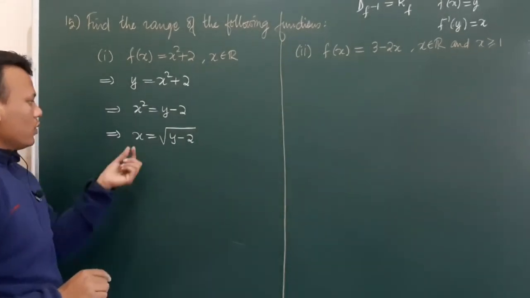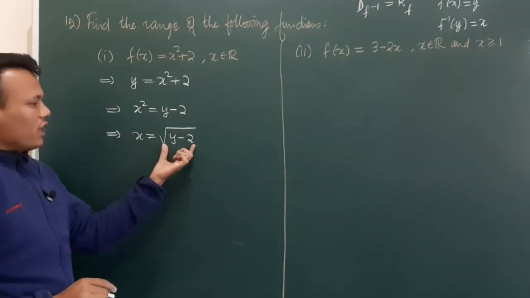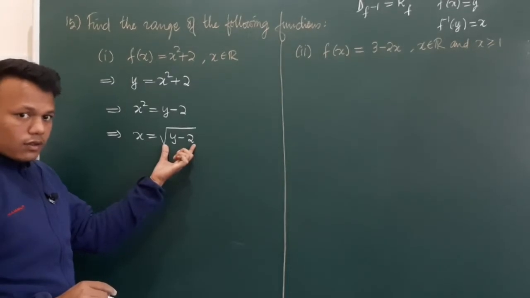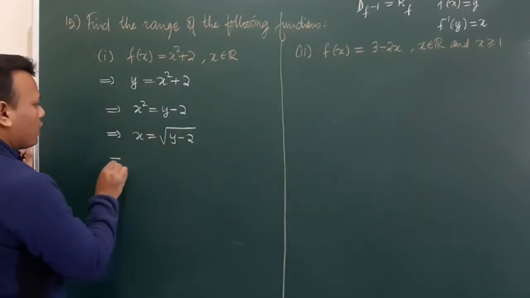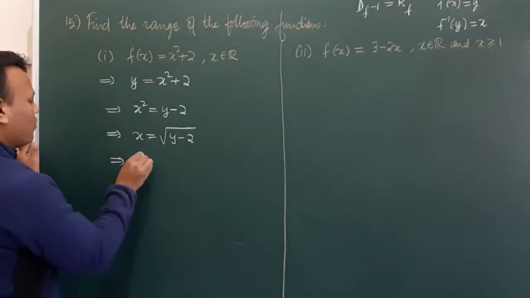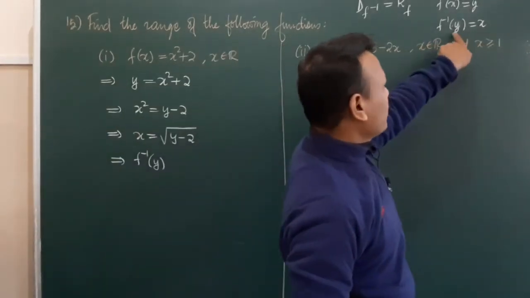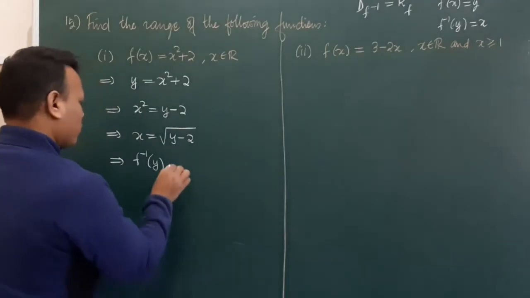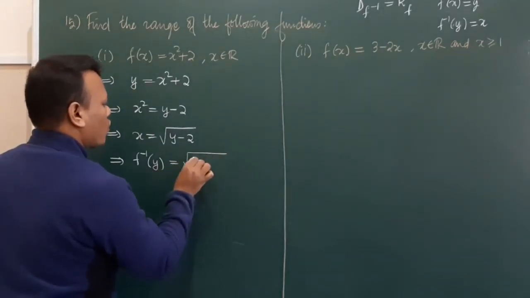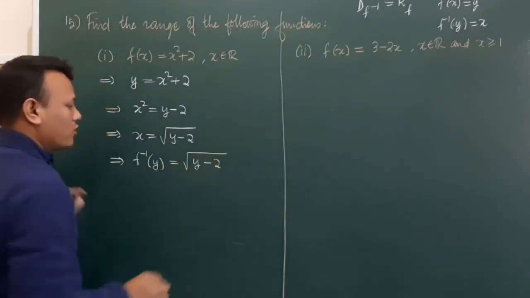Now this x gives you f inverse, so x can be written as f inverse(y), and this f inverse(y) equals the square root of (y minus 2).